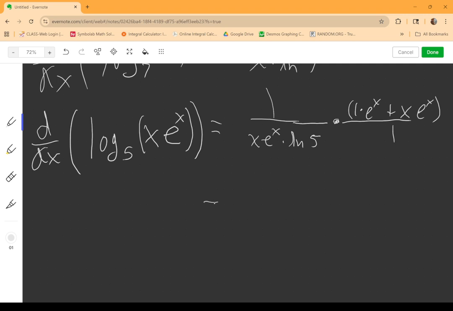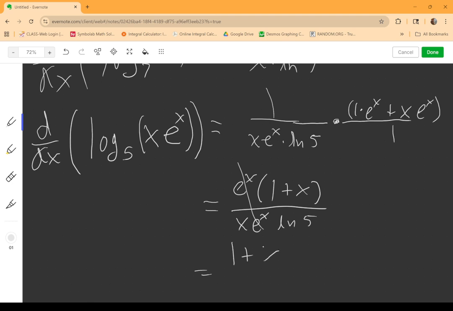All right, and then simplifying things here, I can see I can factor out an e to the x, and we're left with 1 plus x over x e to the x ln of 5. That reduces, the e to the x cancels, and we get 1 plus x over x times ln of 5. All right, and that is how we take the derivative.